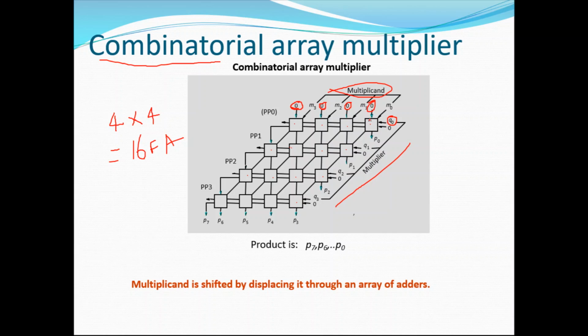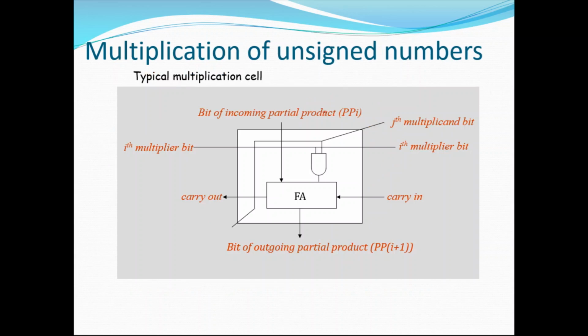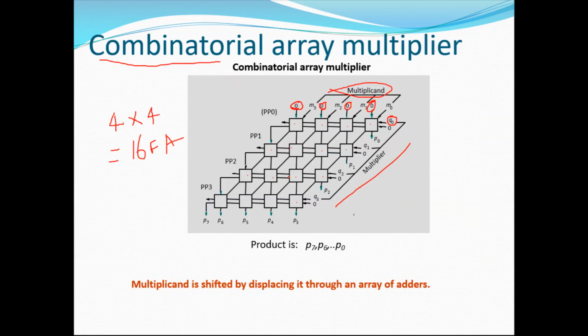The input for a full adder is the partial product and the output from the AND gate. So this Q0 will go to the AND gate and be multiplied with M0, and whatever the result is will be added with the least significant bit of the partial product.